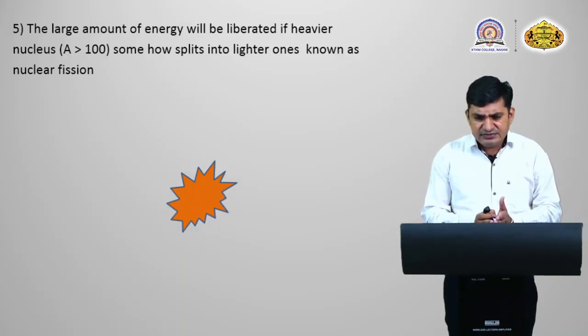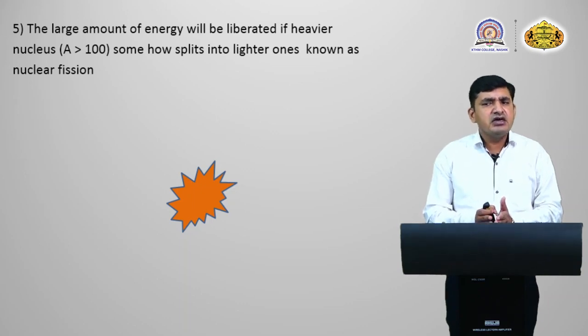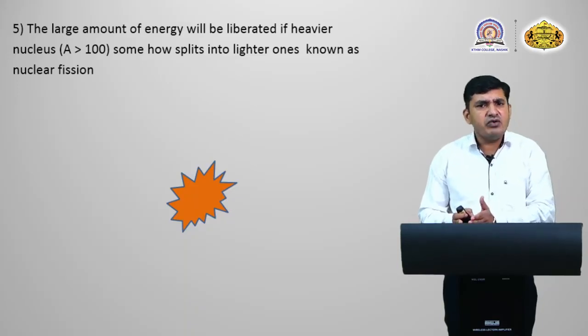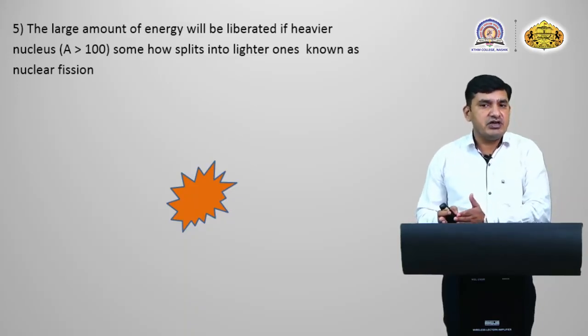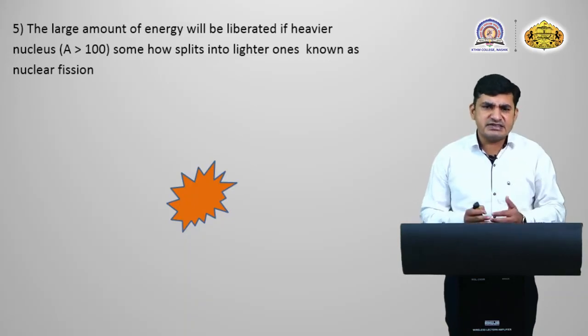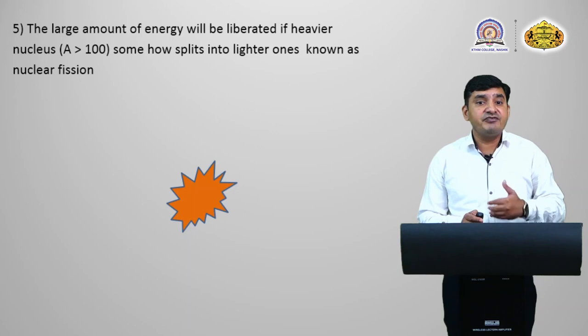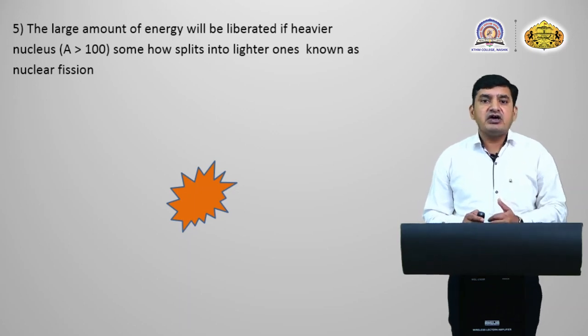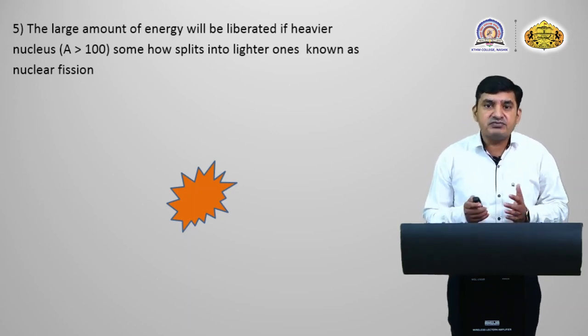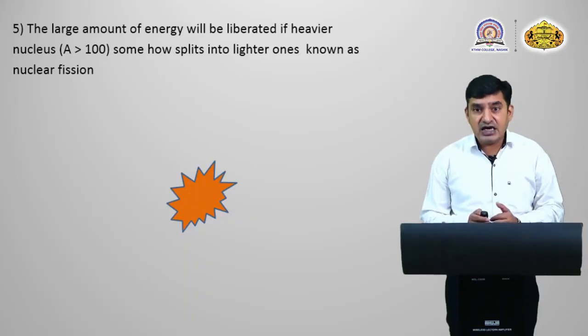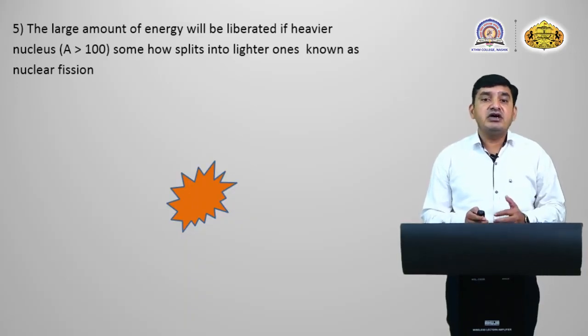If we consider the mass number greater than 120, these also have unstable nuclei, or we can say that a large amount of energy is liberated if heavier nuclei of some elements are split into lighter nuclei.